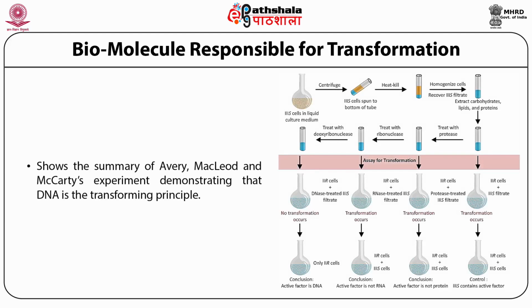This slide shows that for the process of transformation, it is the exogenous DNA, which may be present in the soil, in the water bodies or anywhere. These small pieces of DNA can gain entry into a bacterium which is in the physiologically competent state and is capable of taking up the exogenous pieces of DNA.